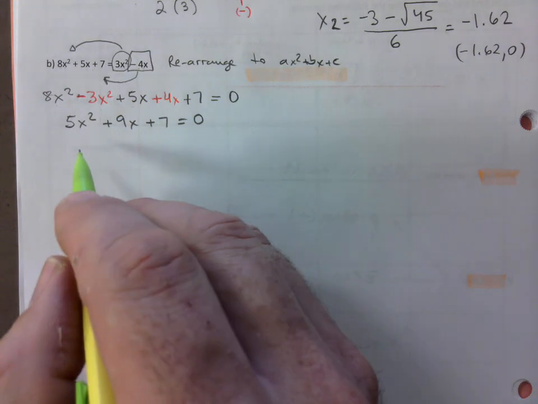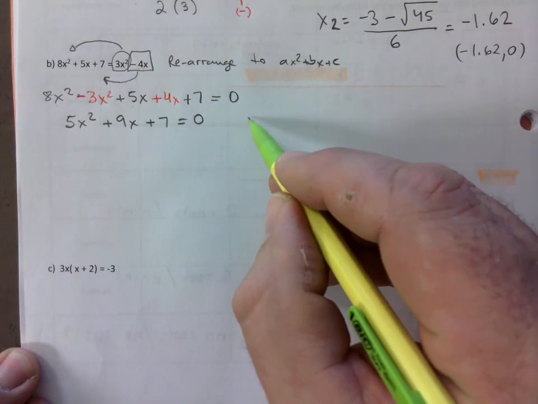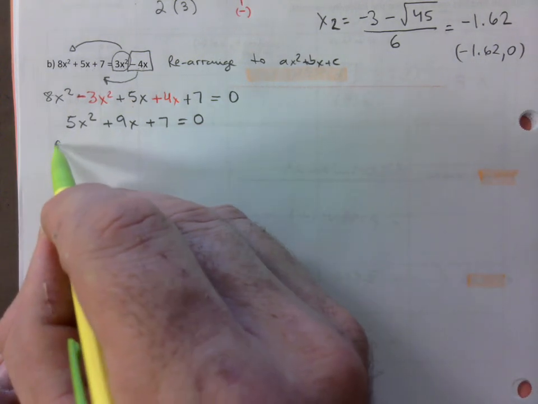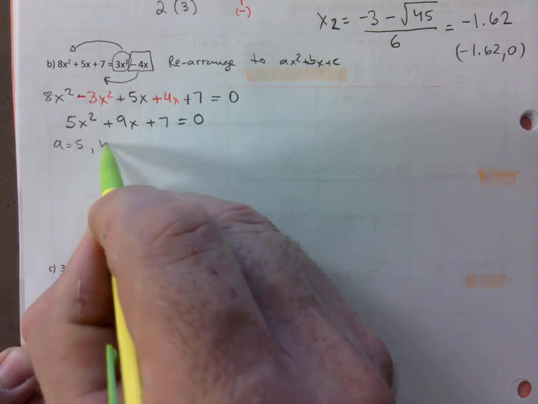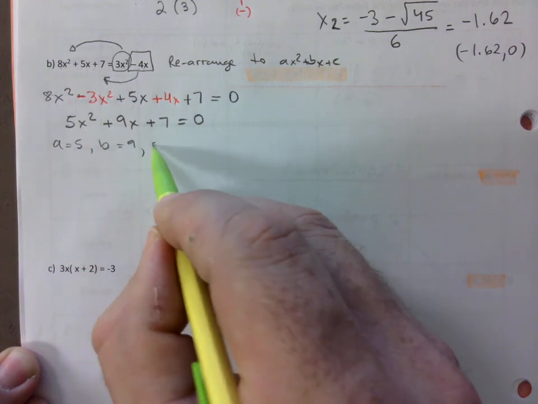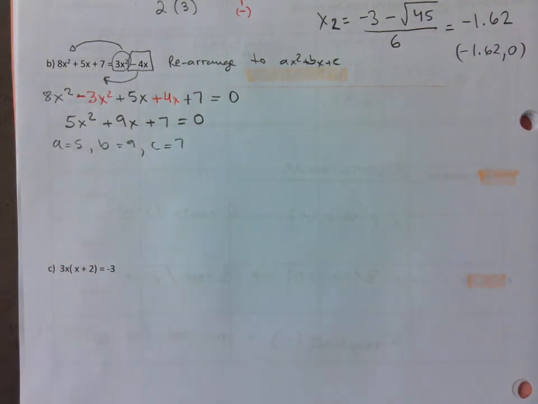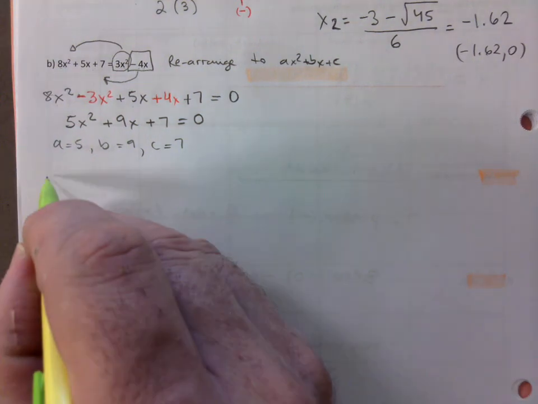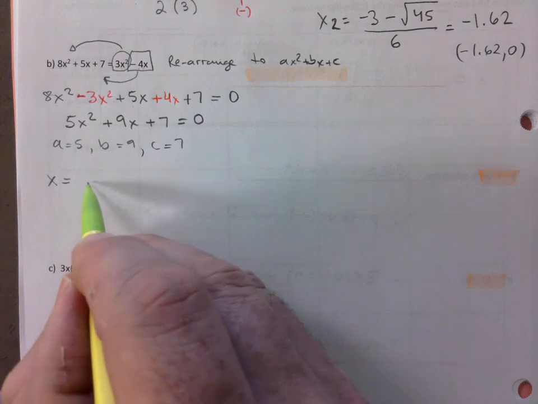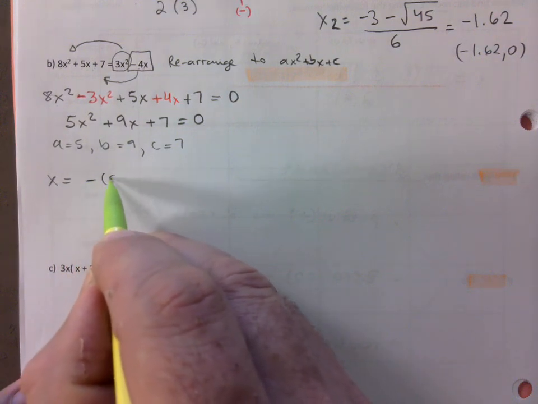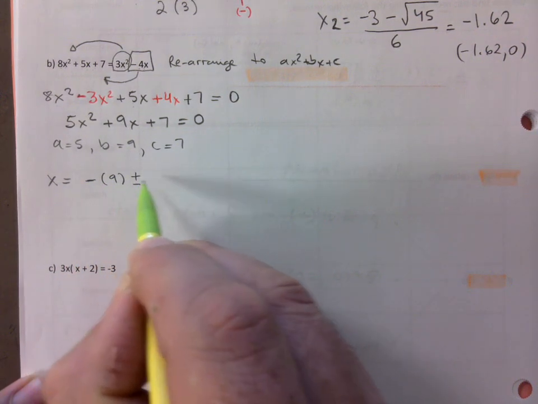Okay. Let's state our ABCs here. A is equal to 5, B is equal to 9, C is equal to 7. And let's plug in. X is equal to negative b plus or minus.